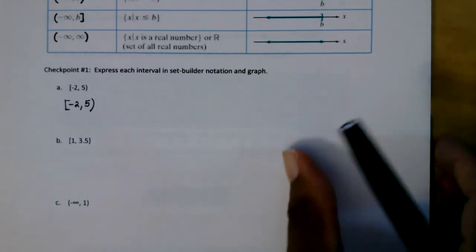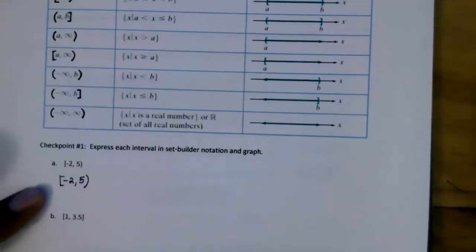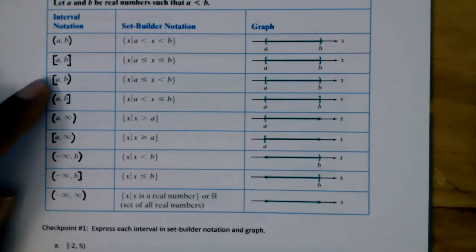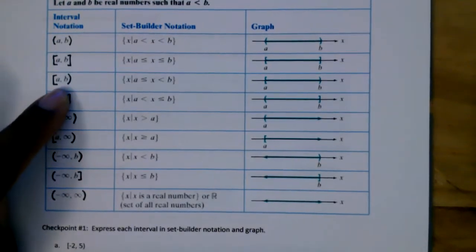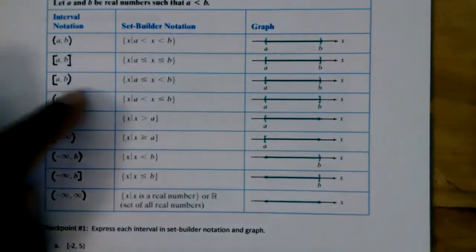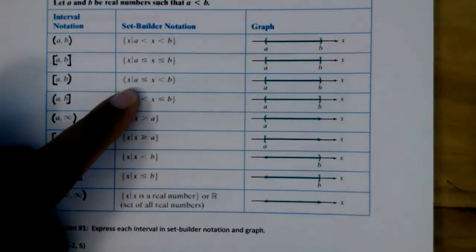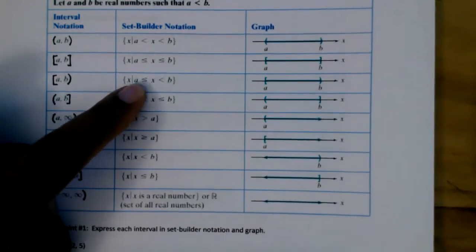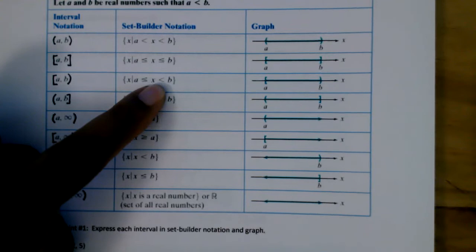So we have to pick which one of these looks like example 1A. And by looking at it, I do have a left bracket and a right parentheses right here. That's going to be this interval notation. So this is what the set builder notation would look like: the set of all x such that x is greater than or equal to A and less than B.